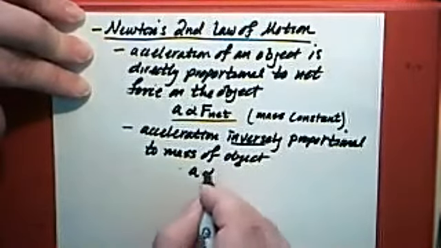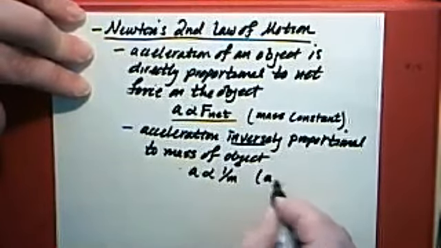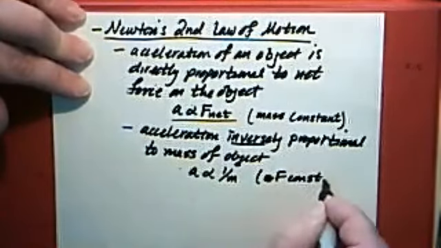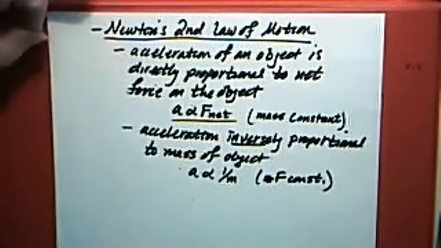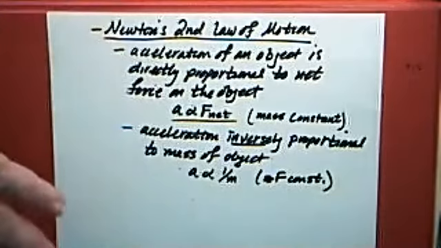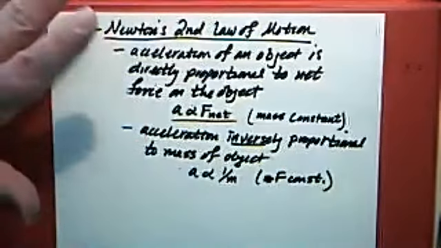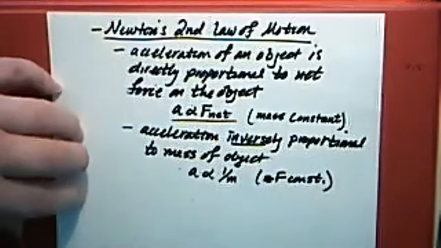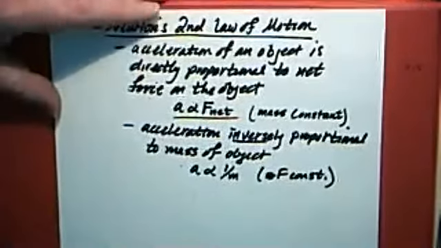Another way of saying that would be a is proportional to 1 over m, and that's assuming that you're applying the same force in each case. So if you apply a certain amount of force to one object, you get a certain acceleration. If you apply that same force to an object with twice as much mass, you'd only get half as much acceleration. So that's what inversely proportional means.